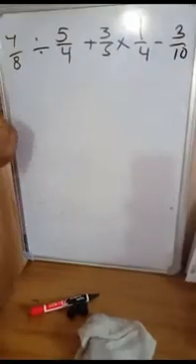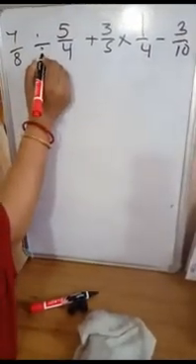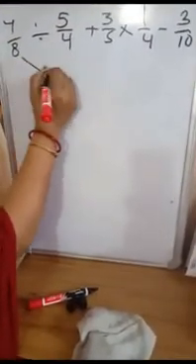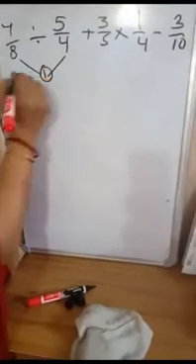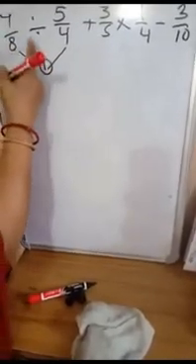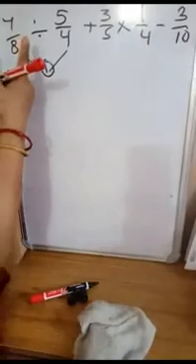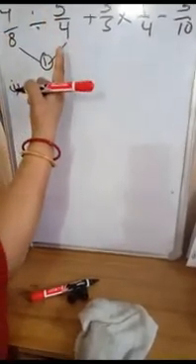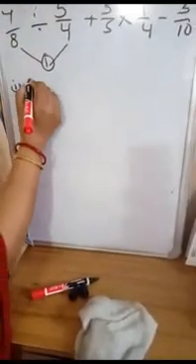According to the DMAS rule, the first step is division. So 7 by 8 divided by 5 by 4. Let us do the division.